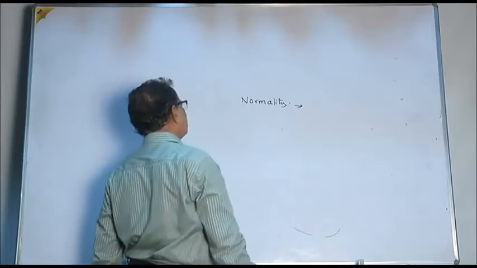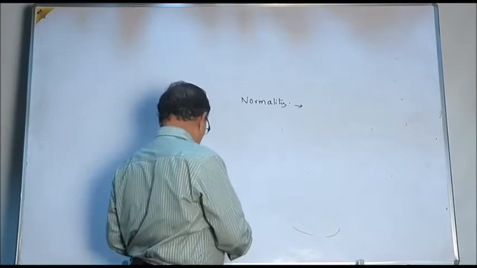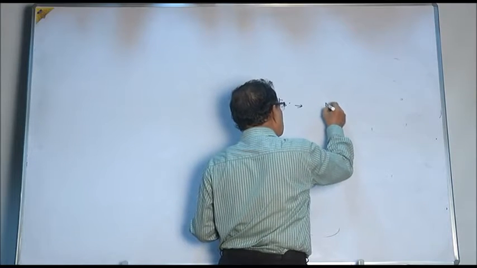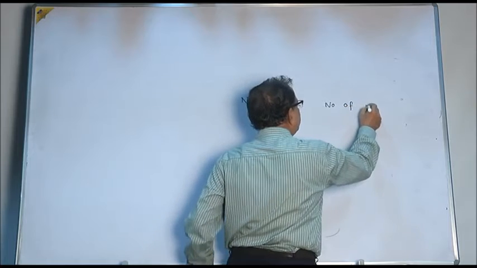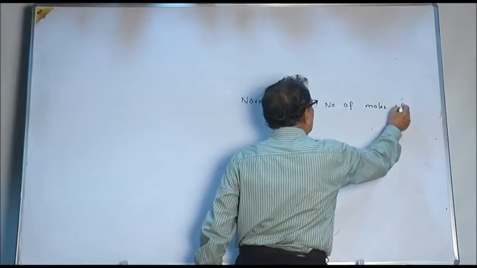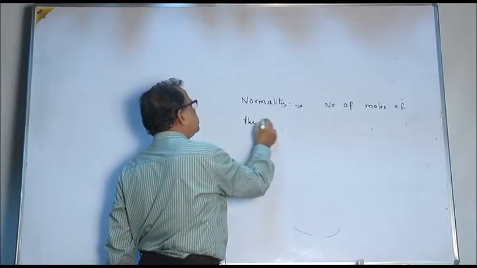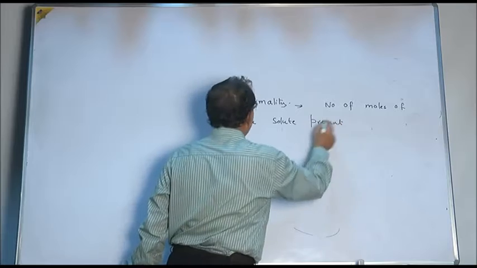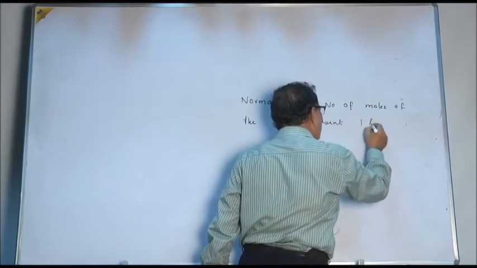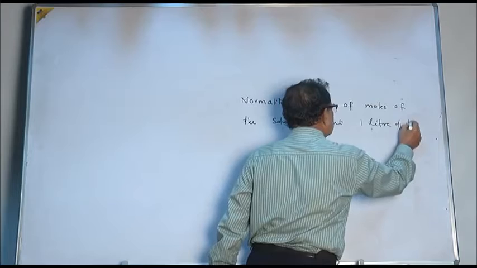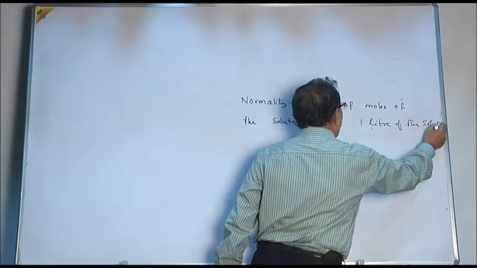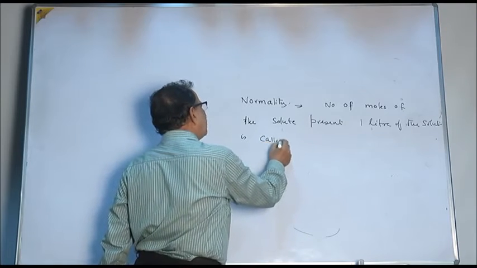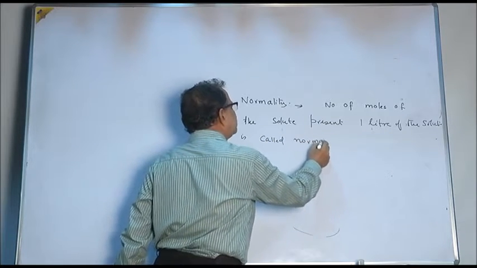The number of moles of the solute present in 1 liter of the solution is called normality.